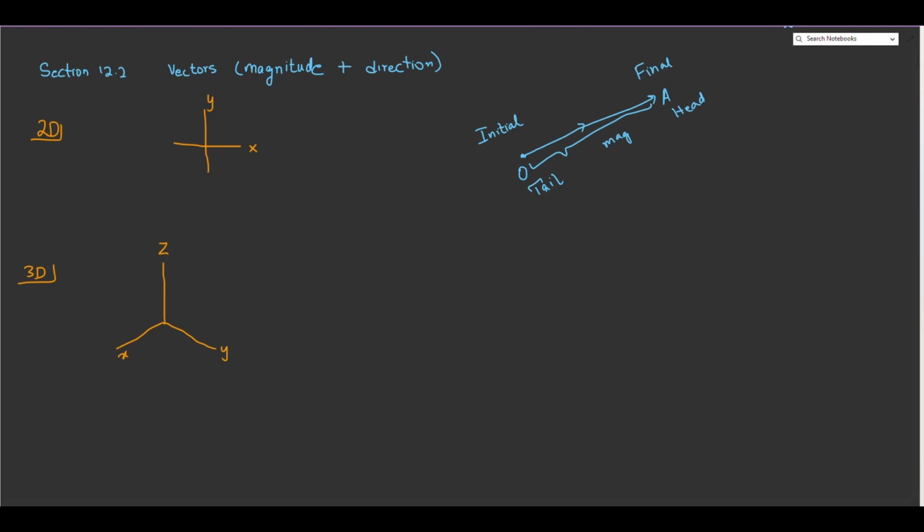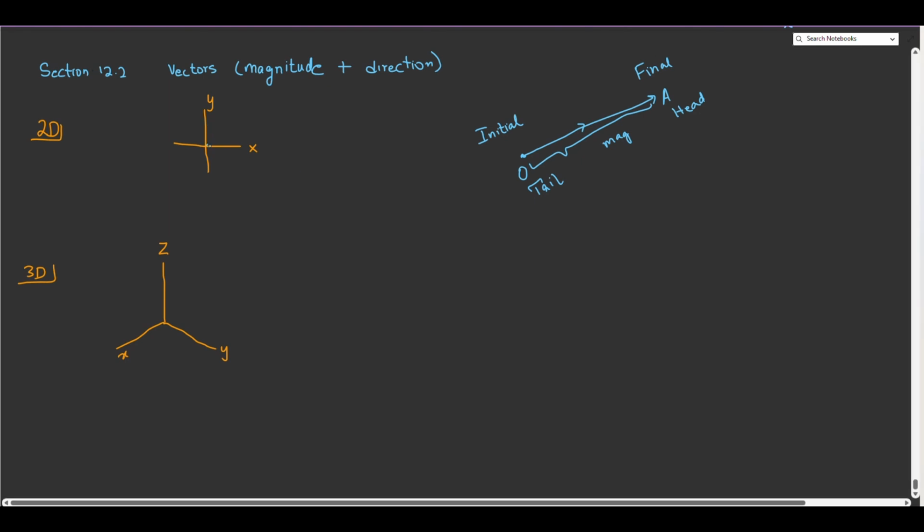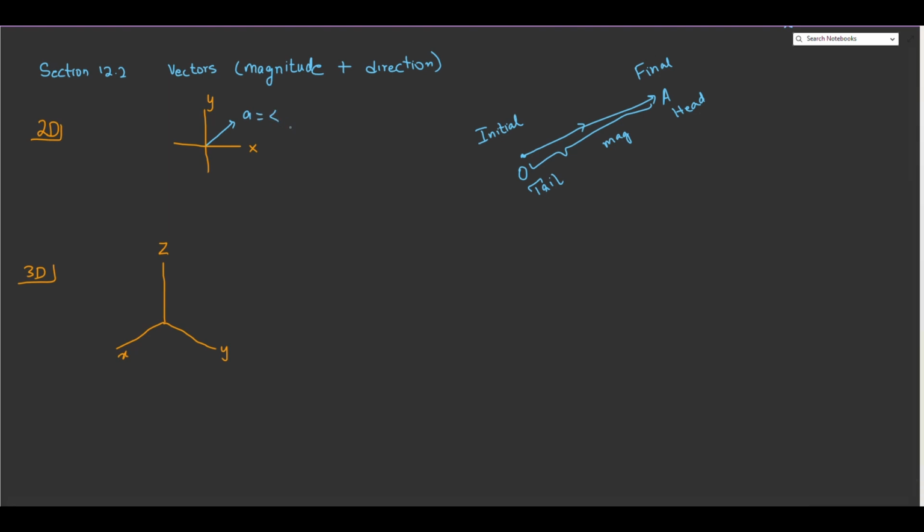If we have any point in the XY plane, a vector A is given by these two components, A1 and A2. Remember this, you have to note down that the vectors in this chapter are written within angle brackets.